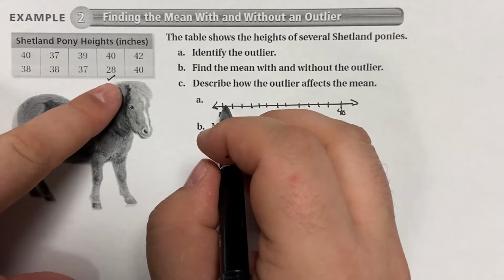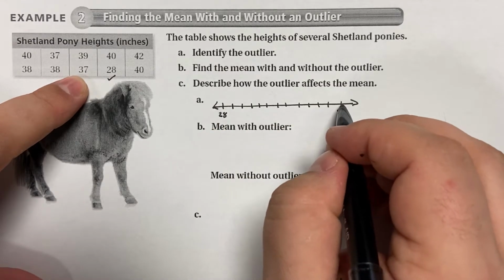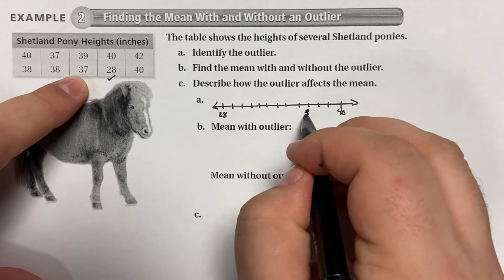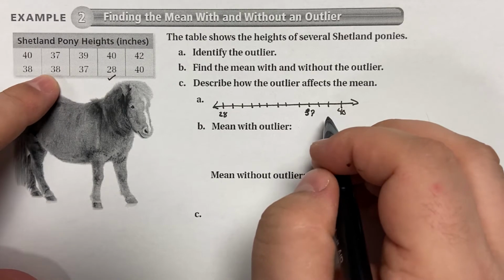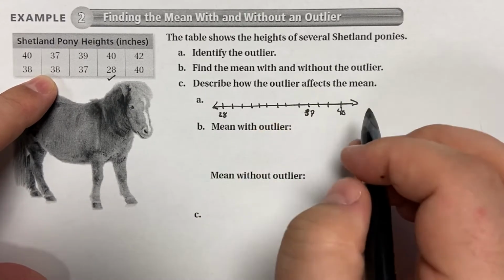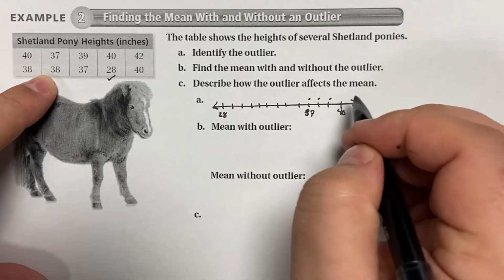The next number after 28 I see is 37 so far, so it's easier, just 39, 38, 37. Did I miss anything? I don't think so. 38. So there is a huge gap because everything is right around in here.